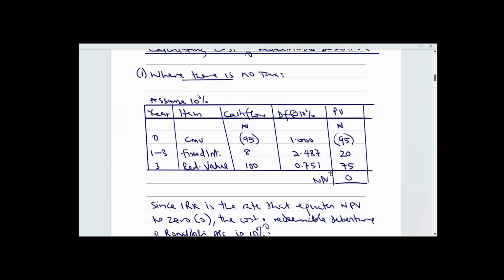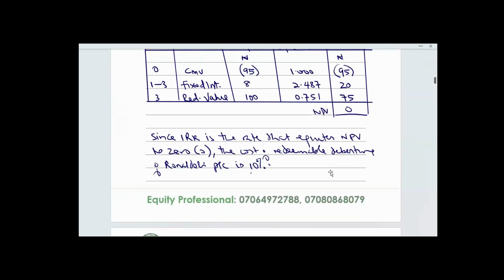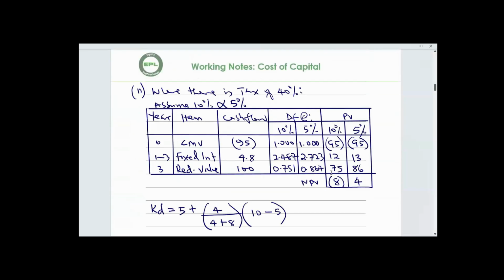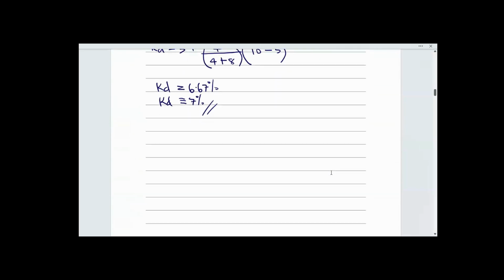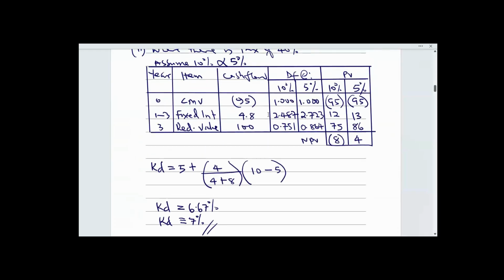Where there is no tax, the company will pay 10% to the debenture holders. But where there is tax, the company will only pay 7%. You can see it is cheaper when there is tax. So that is how to calculate cost of redeemable debt.